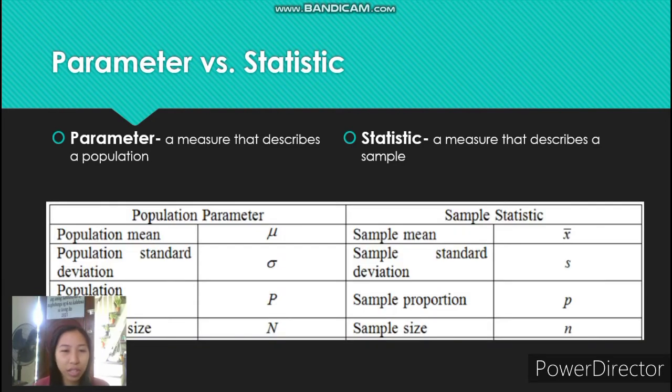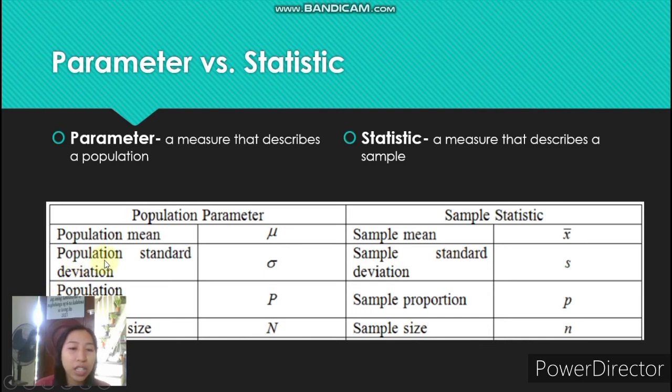Okay? So these are your symbols and these are the measurements that you are going to encounter for the entire duration of the lesson. So we have population parameter. For the population mean, your symbol is mu.